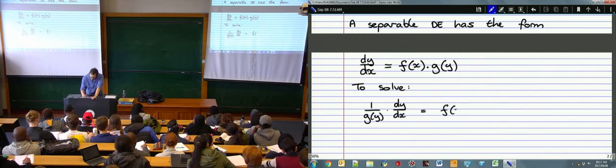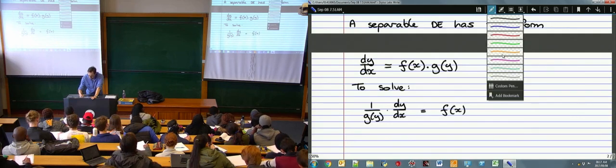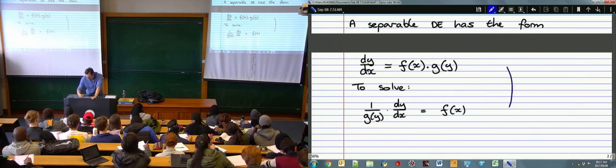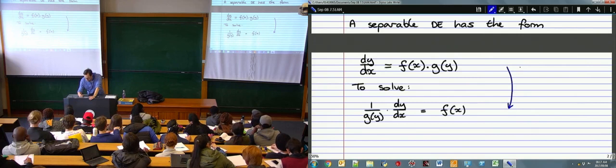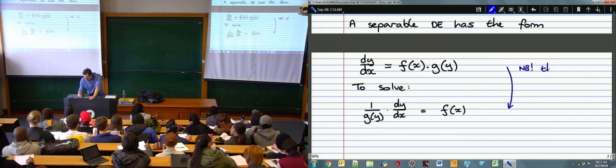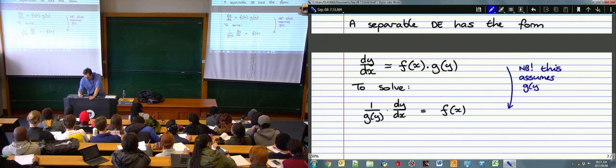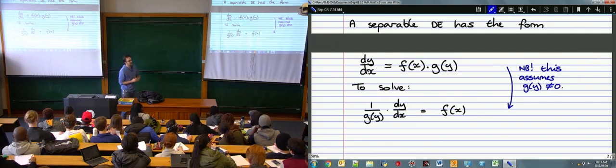You've divided through here. And when you do this division, you're making some sort of implicit claim, right? So let's just say NB: this assumes that g of y is not equal to 0, right? You can only divide through like this if that function g is not equal to 0.